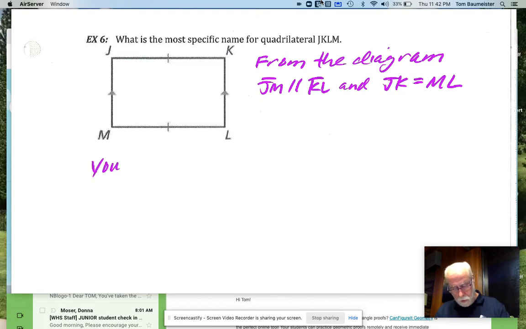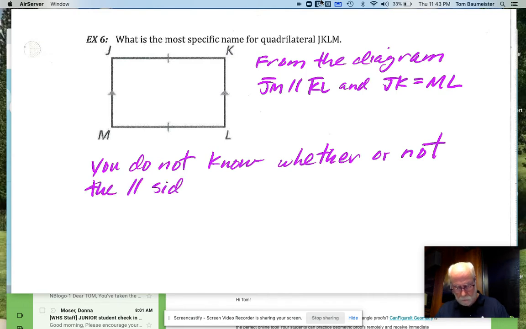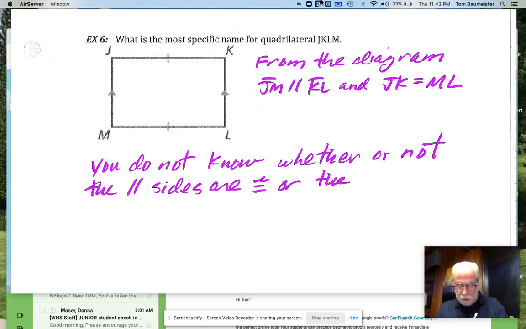You do not know whether or not the parallel sides are congruent, or if the congruent sides are parallel.